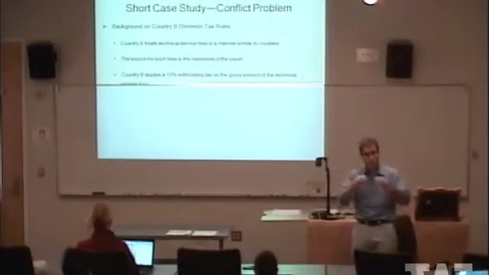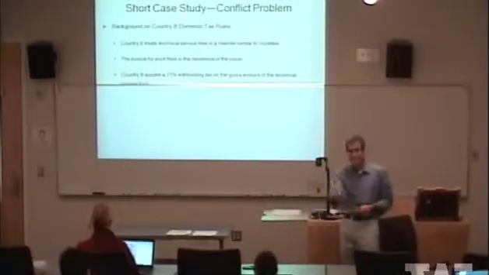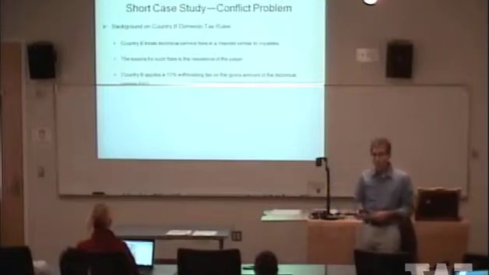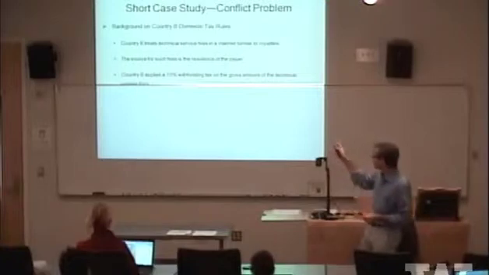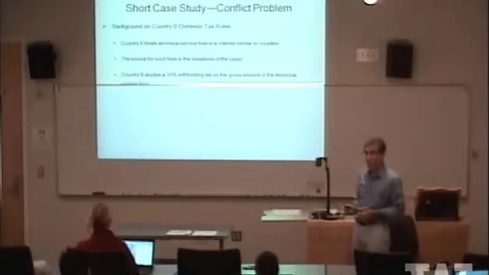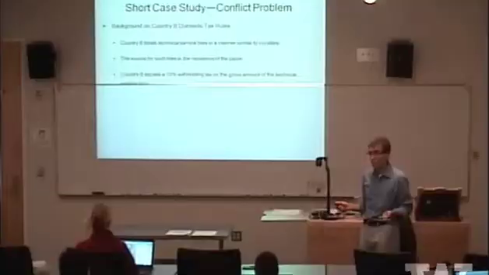So, as a result, the category or box that Country B is putting this payment in is, in a sense, the royalty box. And their domestic source rule is the residence of the payor. And there's a 10% withholding tax.